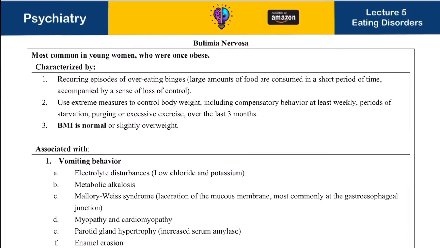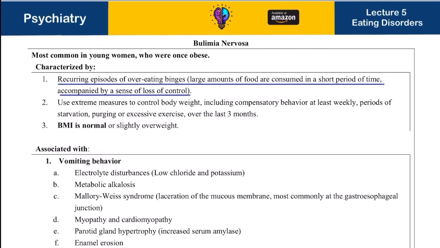Next, let's take a look at bulimia nervosa. This is more common in young women who were once obese. So they were once obese and they grew thin and are now afraid of growing fat again. But these patients will usually have recurrent episodes of overeating.